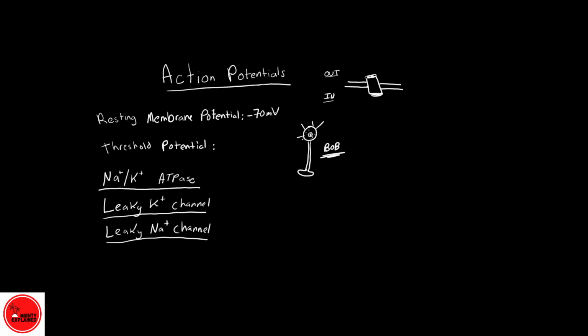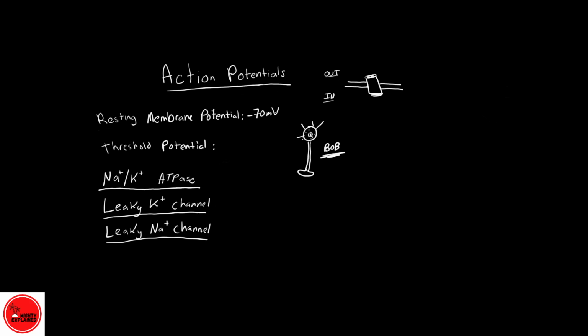The inside of that neuron is negative at resting. So it's the resting membrane potential, negative 70, inside is negative. That's one thing that these three channels do. Another thing is that they define the relative concentrations of these different ions that we're about to talk about.